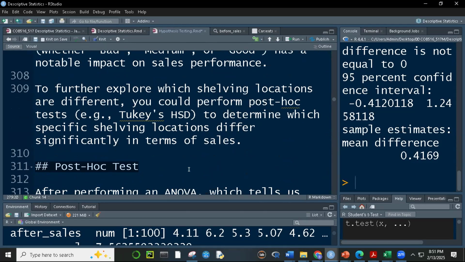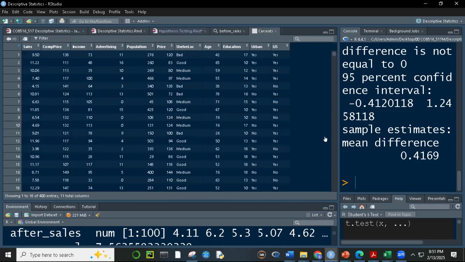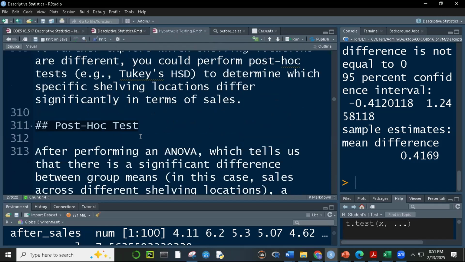So if you have, let's say, bad, good, and medium, and the result tells you that the means are not equal, the question is, which is not equal? Is it bad and good, or is it good and medium, or is it bad and medium? The ANOVA will not tell us that. So therefore, you need what we call the post hoc test.